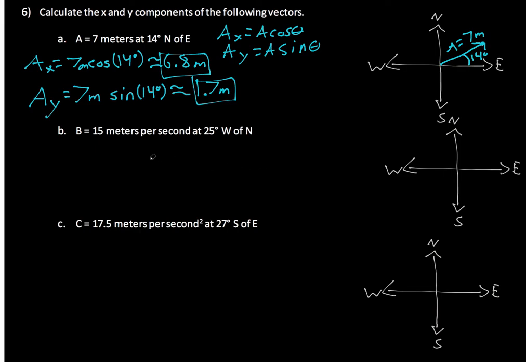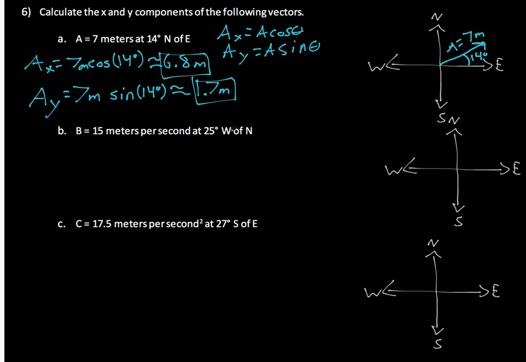Let's take a look at the second one. B is a 15 meter per second vector, so it's a velocity vector, and it's 25 degrees west of north. The rule of thumb to read these is to look at the last direction first, and then go towards the other one that they talk about.